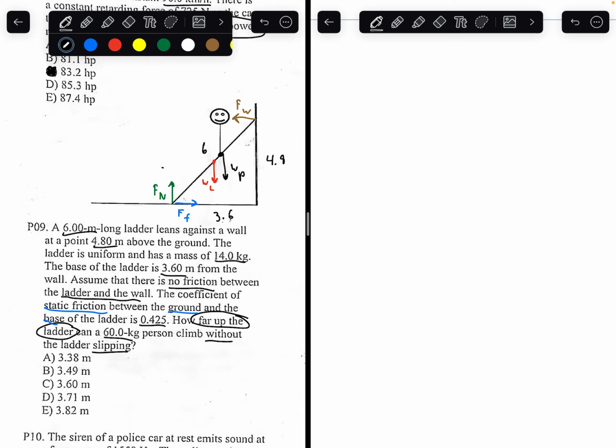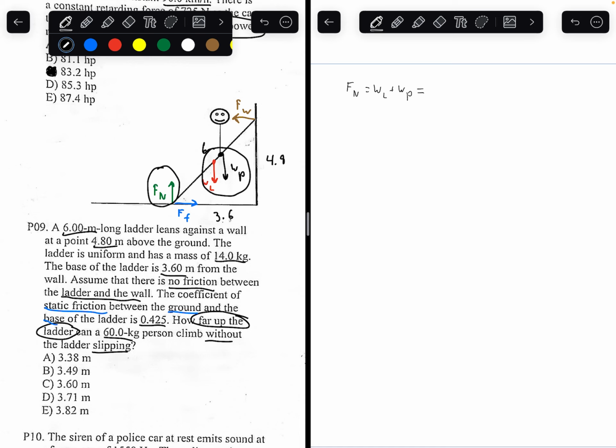So let's look at the vertical forces first. Normal force, weight of the ladder, and weight of the person. Normal force points up, and the weight of the ladder and the weight of the person point down. That means the normal force has to equal the weight of the ladder plus the weight of the person, because of the arrows' opposite directions.